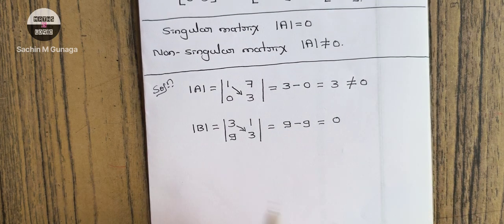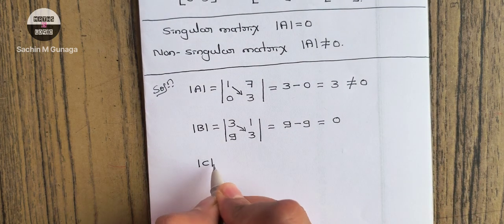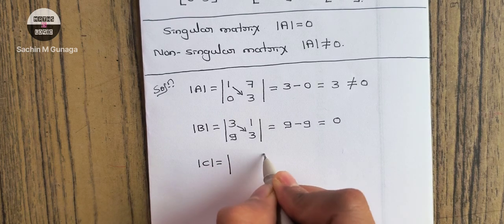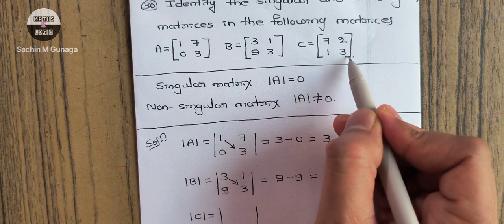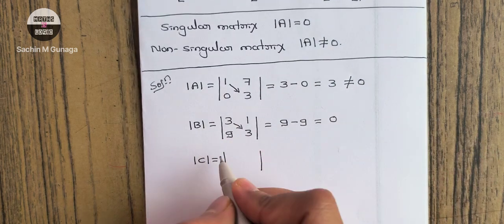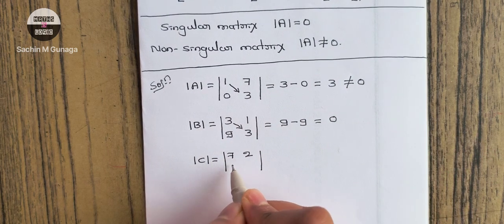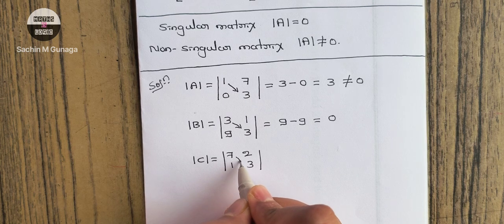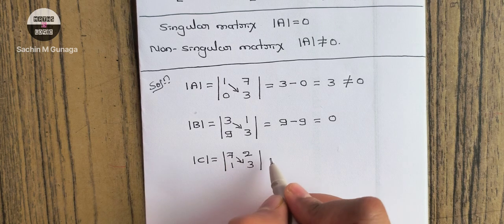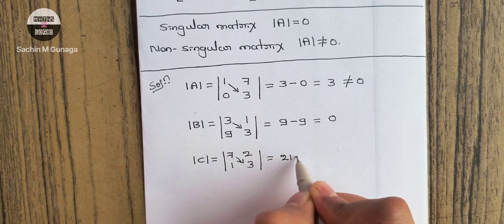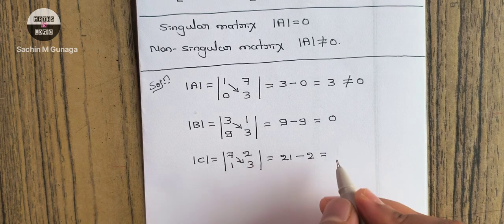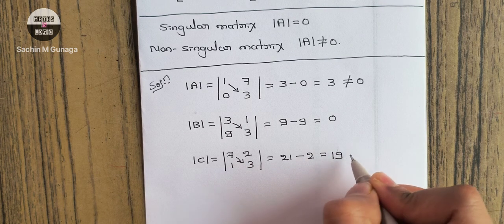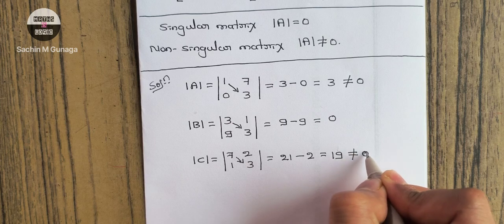Next, the determinant of C. C is [7 2; 1 3]. Again cross multiplication, 7 into 3 is 21, minus 1 into 2 is 2. 21 minus 2 is 19, which is not equal to 0.